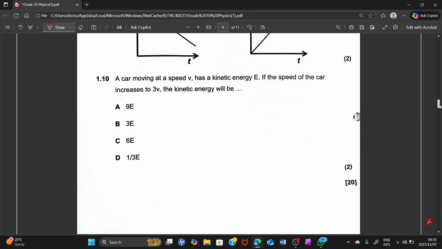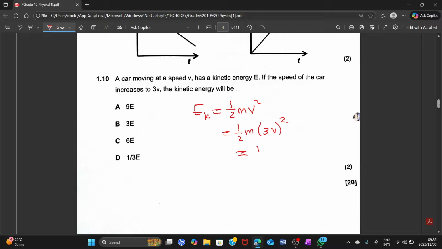Lastly, a car moving at a speed v has kinetic energy E. If the speed of the car increases to 3v, the kinetic energy will be... Right, let's do it. EK is equal to 1 over 2 mv squared. Now, what are we told, class? The speed increases to 3 what? 3v. Then we square it.